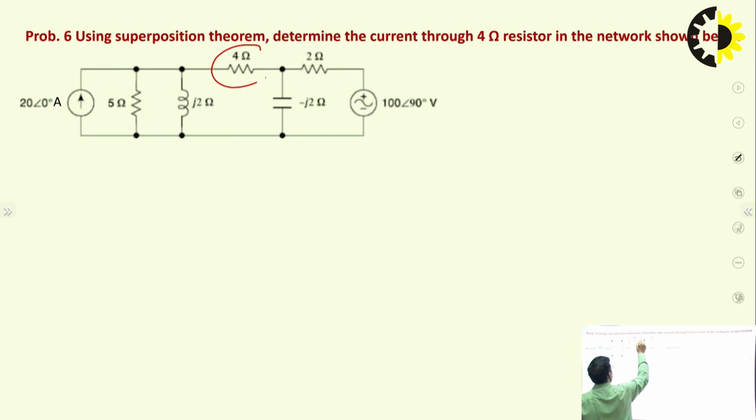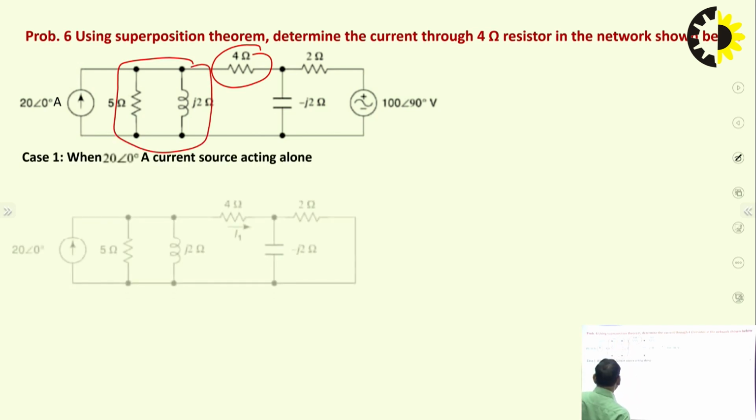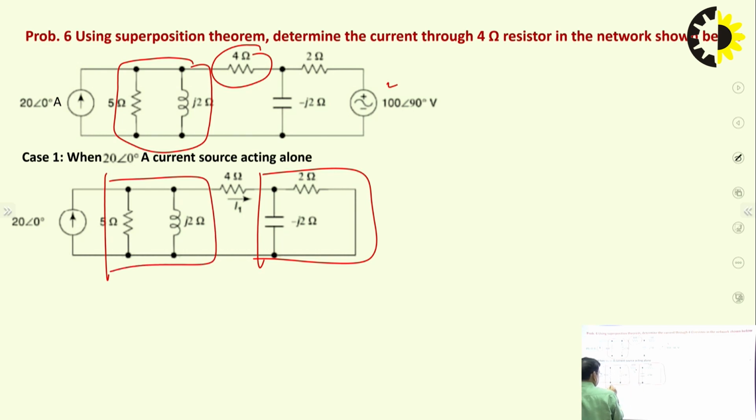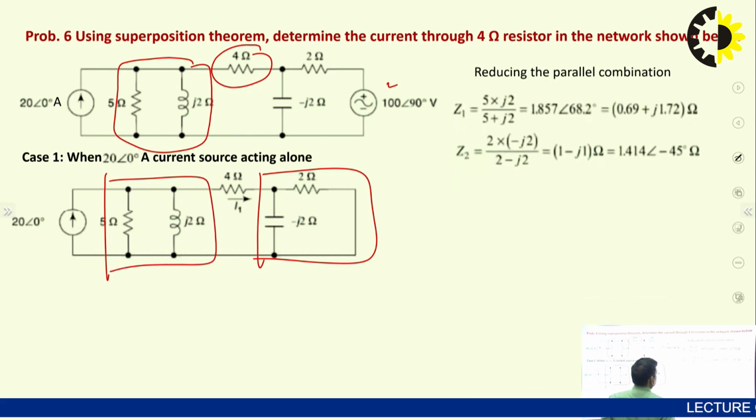So take the parallel combination of these, say this is Z1 and this is Z2.